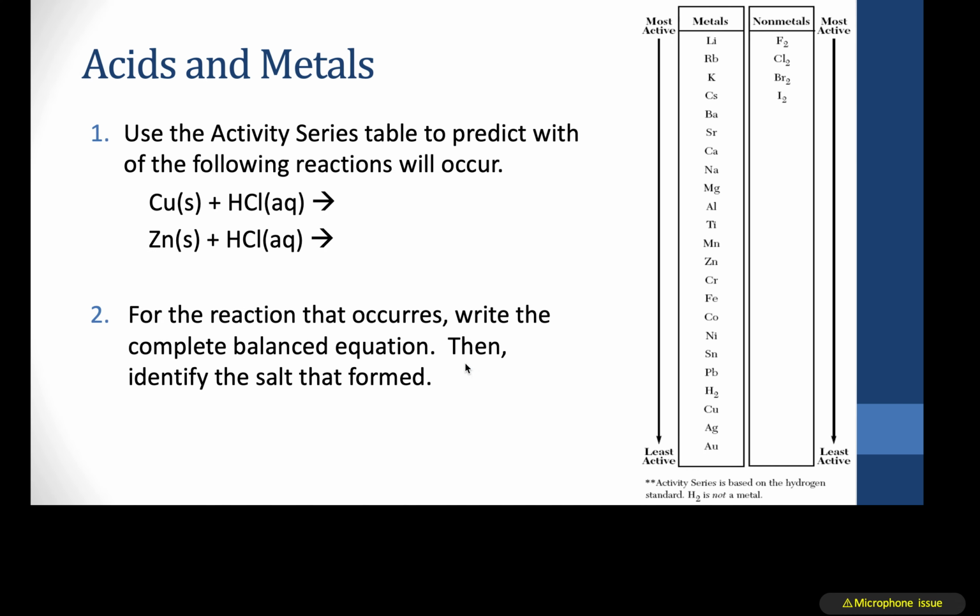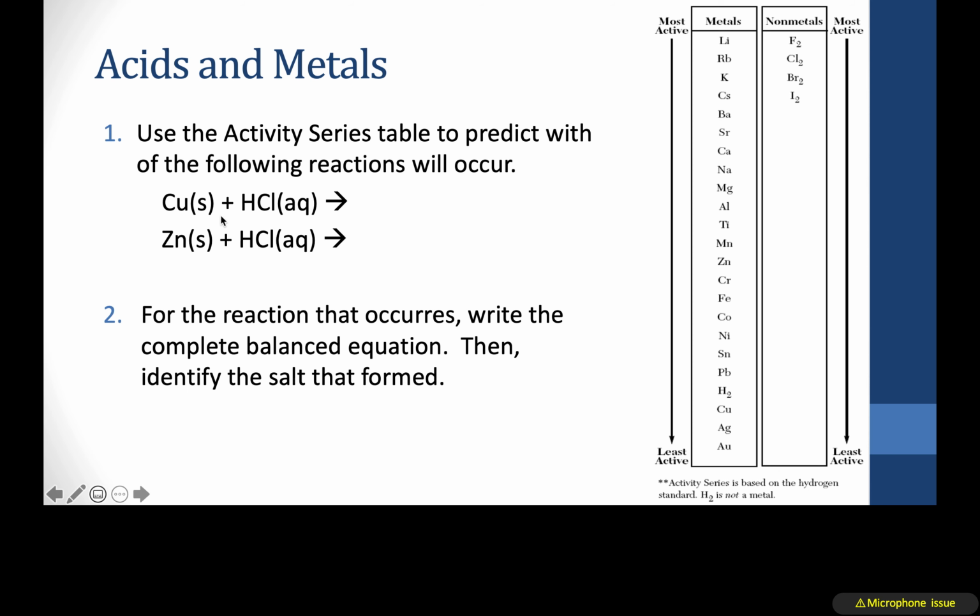Okay, so hopefully you noticed. Let me go back here, actually. Copper is not going to react with acid, right? It's below H2. So zinc, being above H2 on our table here, is going to react. So this is the reaction that's going to proceed. Let's write out the balanced equation for this reaction.